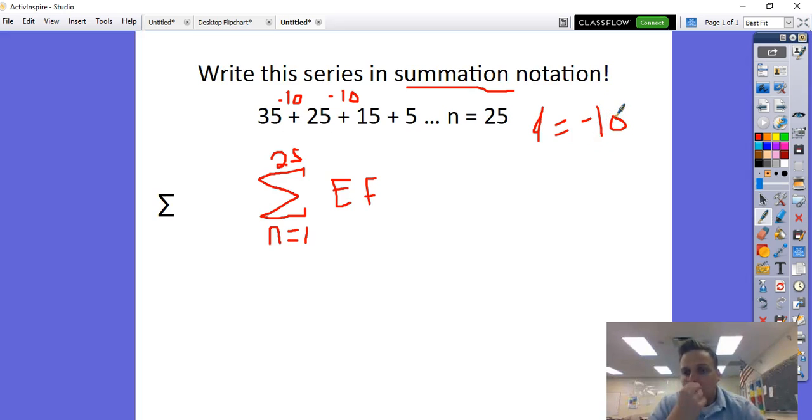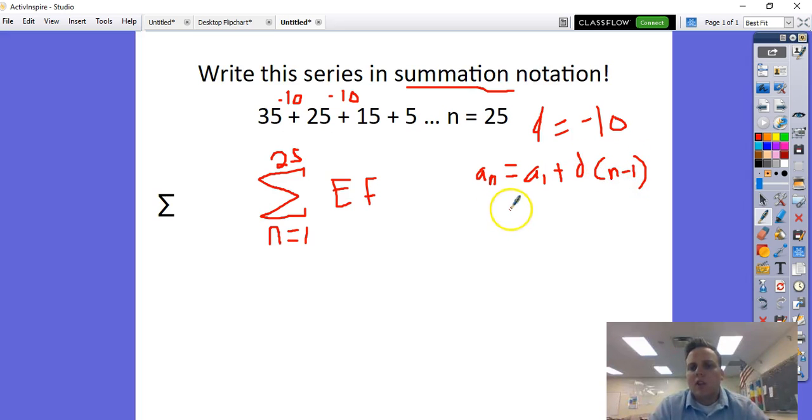That means I write the explicit formula assuming it's arithmetic. If you don't have this in your notes, write it down. The explicit formula for arithmetic, before you plug anything in, is a sub n equals a sub 1 plus d times n minus 1.